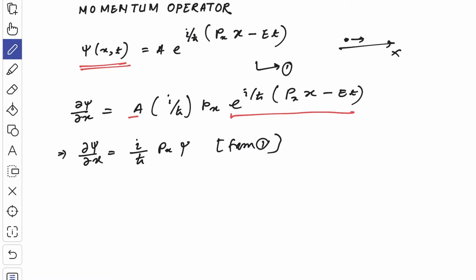Now you see, this implies h cut by i del by del x of psi, this operates on psi, gives px psi. So here you can see, when it operates on psi, it gives px psi.